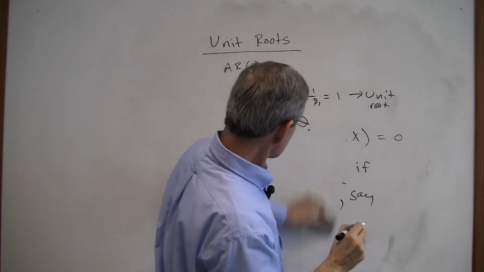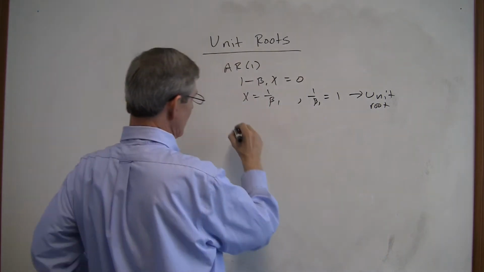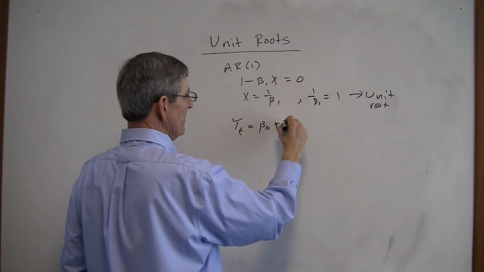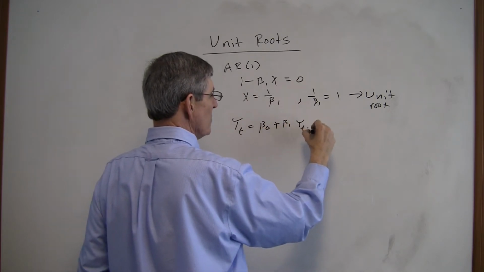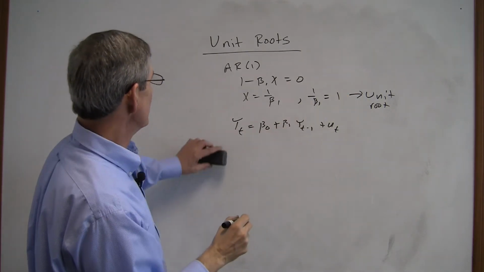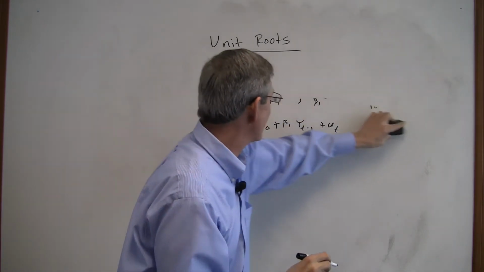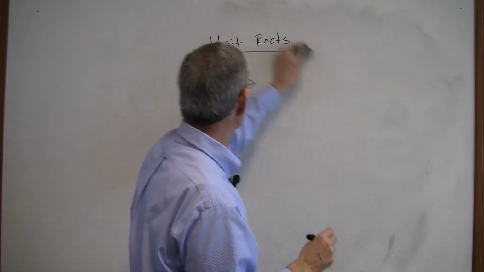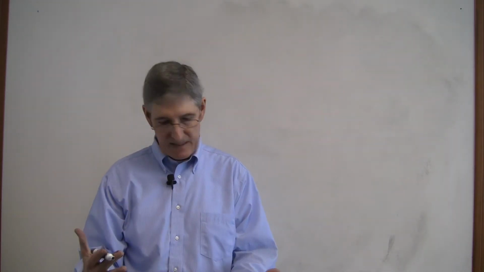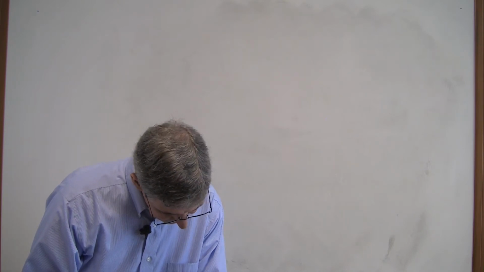So that's just the case where you have a unit root when yt equals beta 0 plus beta 1 yt minus 1 plus ut. When this is 1, you have what's called a unit root. So it's about the roots of these characteristic polynomials. But don't worry about that too much. What we're looking for here is the conditions under which the model will be non-stationary.